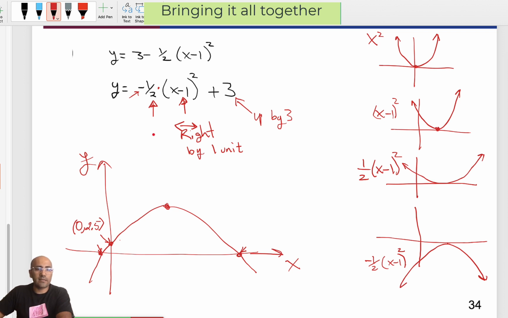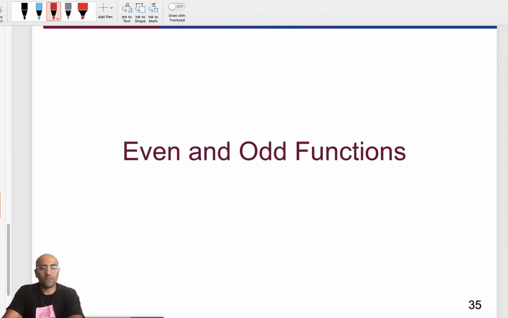This one's a little harder. We have to set this equal to 0 and solve for x, figure out the places where it crosses the x-axis. Good. Questions? No? Maybe? Okay, so for now we're just interested in a rough sketch of the whole thing, and putting all these things together will help us do that.